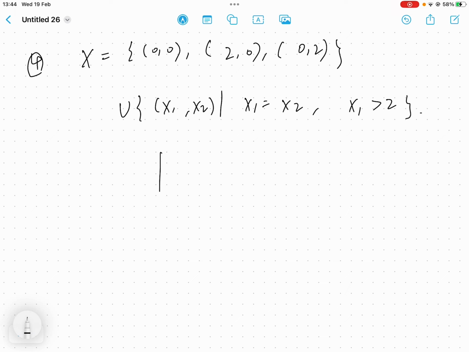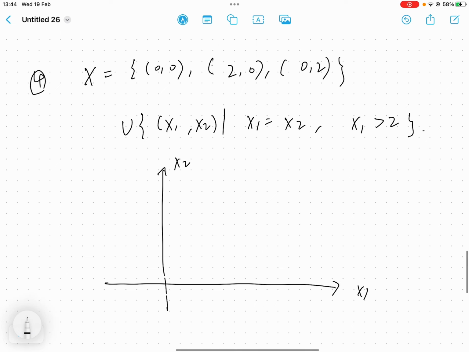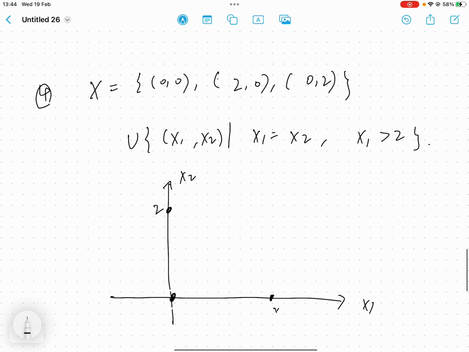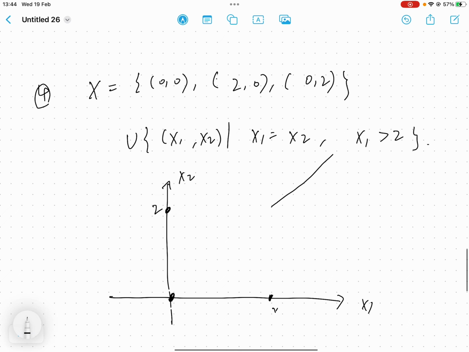So let's have a look at this figure. What we mean here is that we have this point 0, 0, and 0, 2, and 2, 0. We're gonna also have something here, that's a ray starting from this point, but we do not have this point, so this is an empty circle.